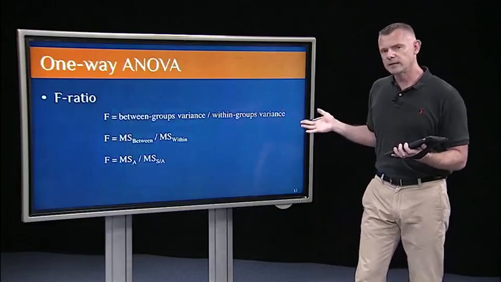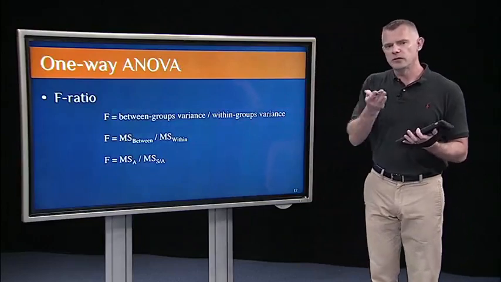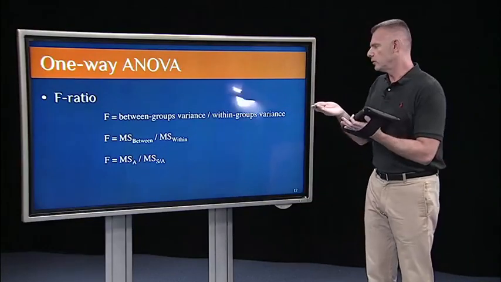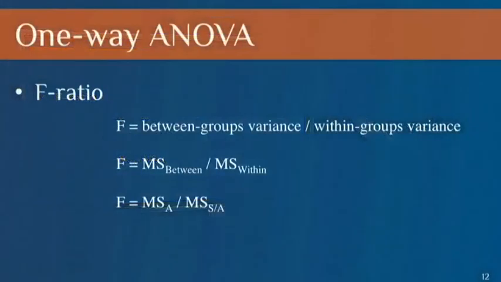So back to this concept of an F ratio or F test. I described it as sort of the between groups variance relative to the within groups variance. And I like to think of that as systematic variance relative to unsystematic. Some people like to say it's the good variance relative to the bad variance. In any intro stats textbook, you might see this notation, just mean squares between over mean squares within.